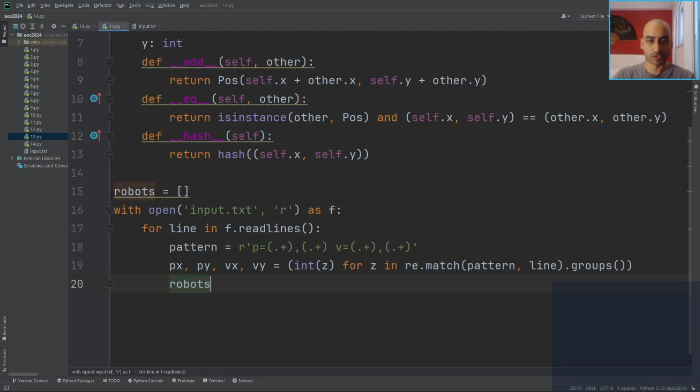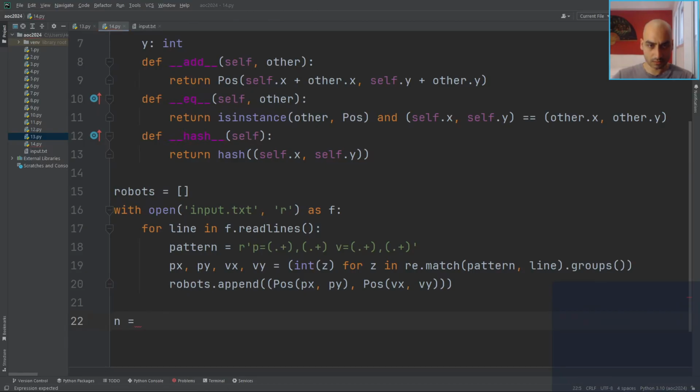Robots.append, we'll just put a pair. Whoops. Wait, so it'll be like pos px, py, and then pos vx, vy. Okay, all right. And then the height is 103.